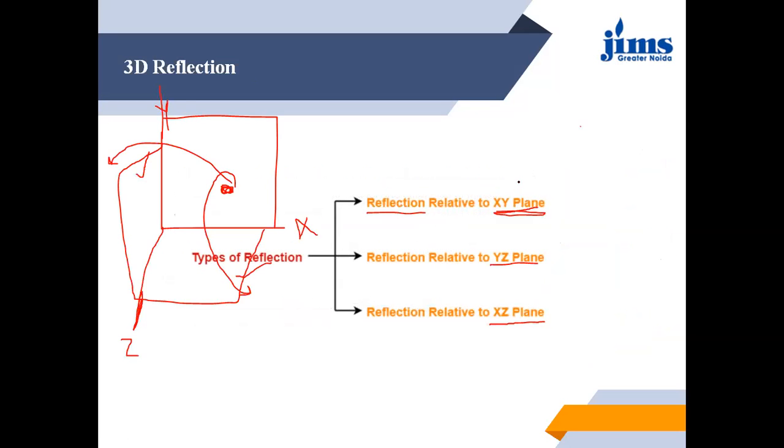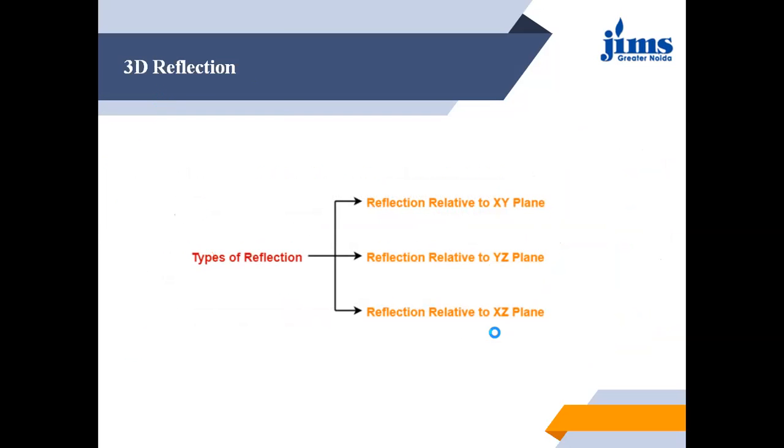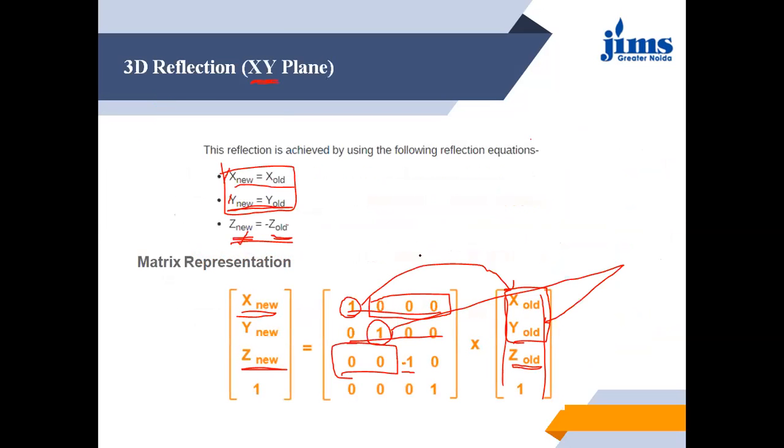Then we discussed that we can perform 3D reflection in three ways, that is when we reflect the object with respect to the xy plane, yz plane, and xz plane. And we discussed over here that when we reflect with the xy plane, the values of x and y remain the same.